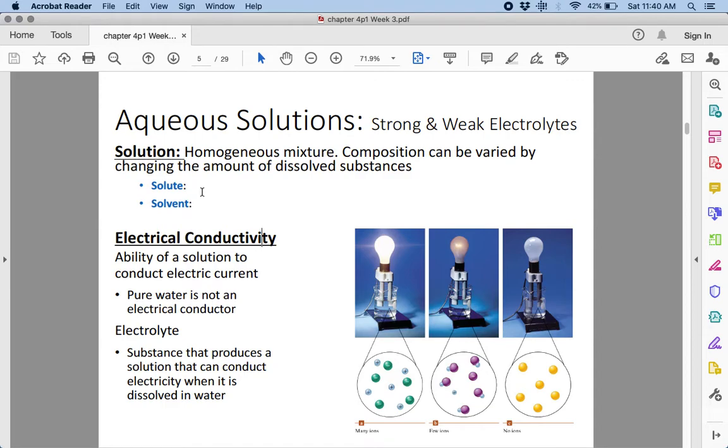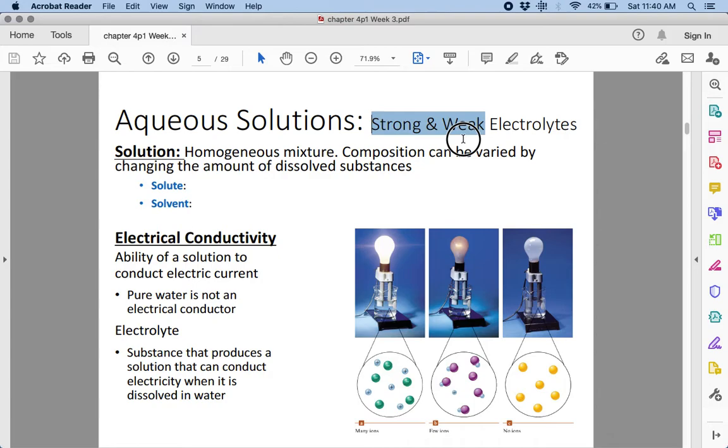So it becomes less clear as to what's going on. A solution, by definition in chemistry, isn't necessarily a liquid-only situation. So that's why we have this definition of a solute as something that we have less of, and the solvent is something that we have more of.